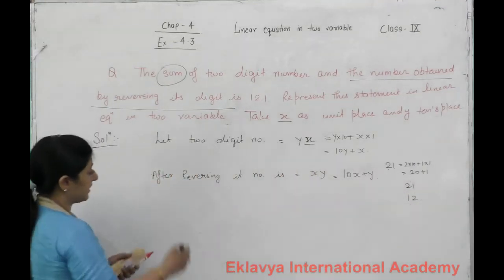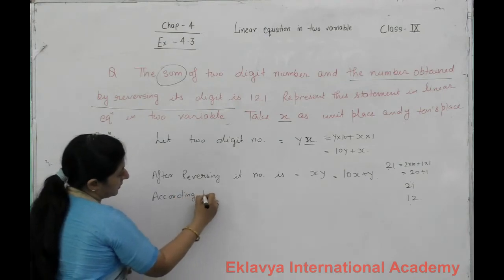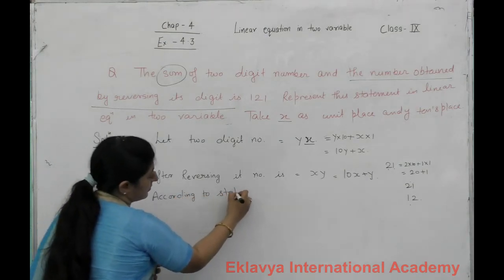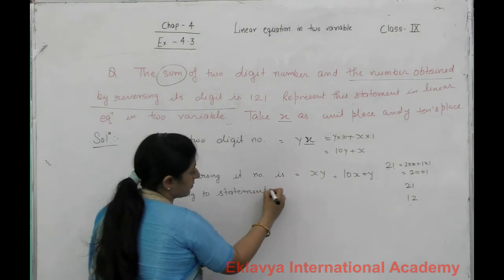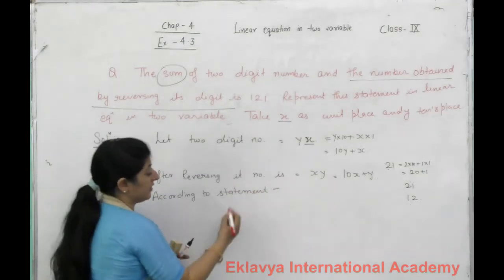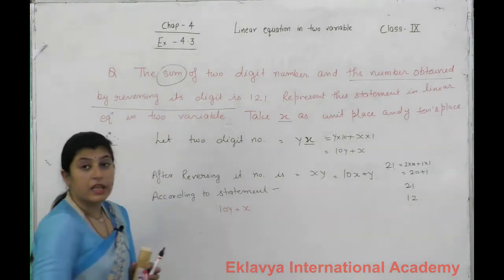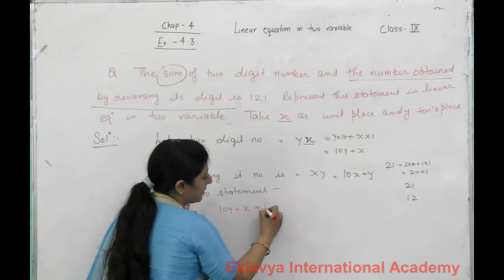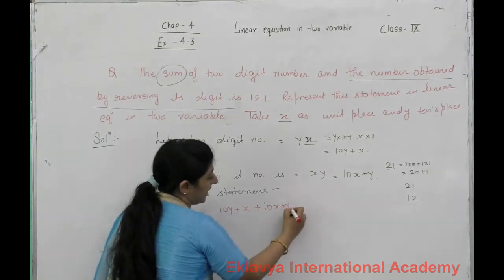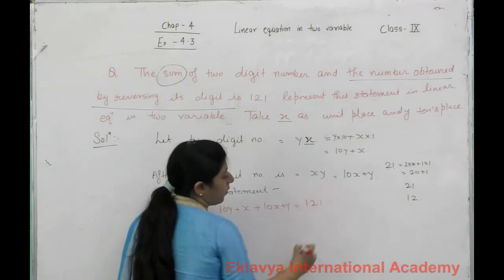So according to the statement, firstly the number is 10y plus x. After reversing, the number becomes 10x plus y. The sum of both is equal to 121.